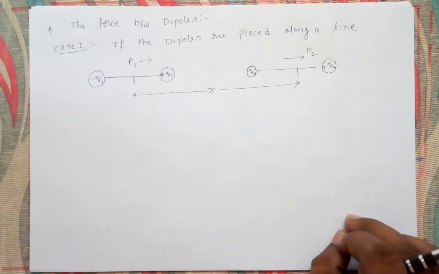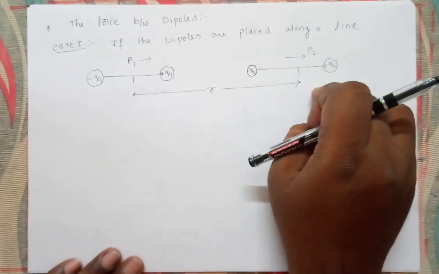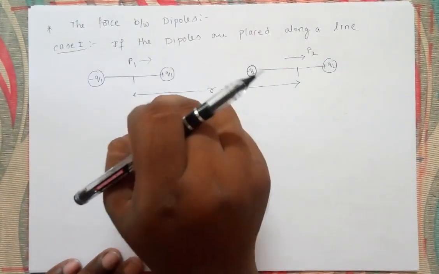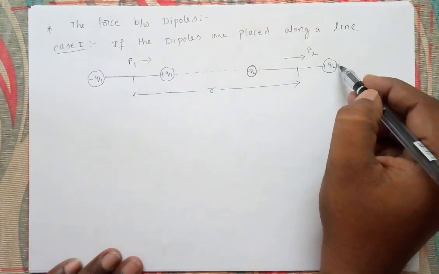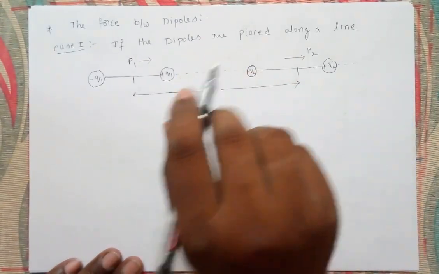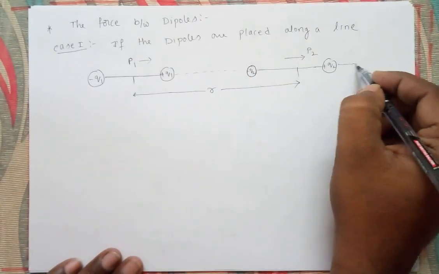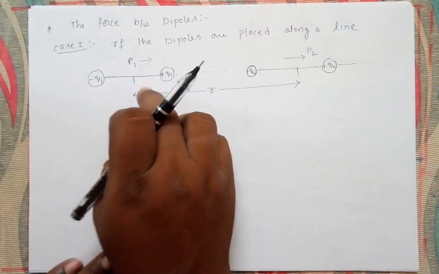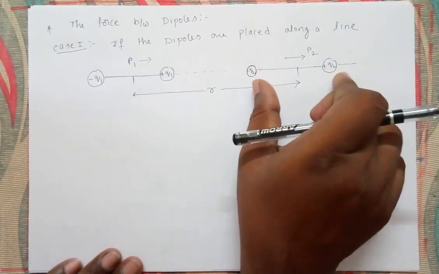This is the electric field on it, and this is along the line joining. The first dipole will produce an axial electric field on the second dipole.